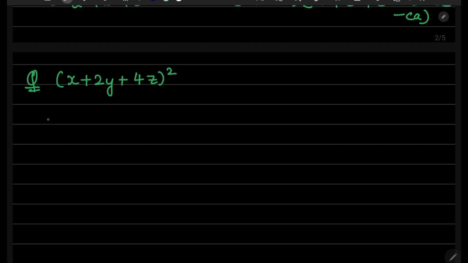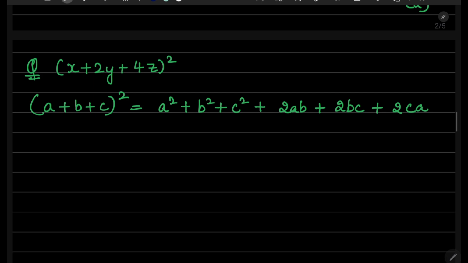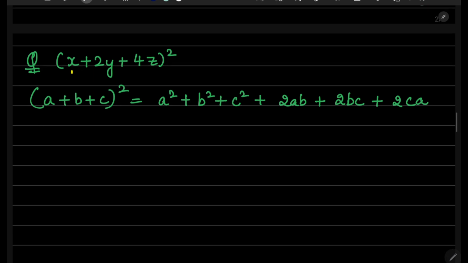It is nothing but your (a plus b plus c) the whole square, which is a square plus b square plus c square plus 2ab plus 2bc plus 2ca. Here your a is x, this is your b, and this is your c. Got it? So now let us do it.